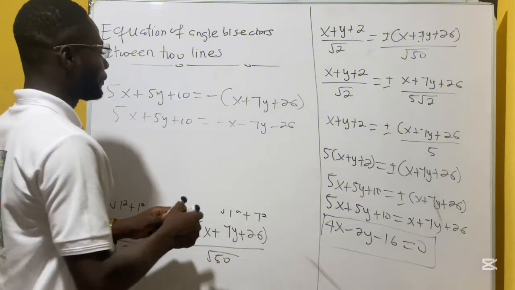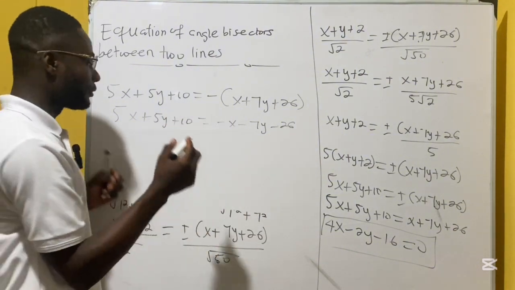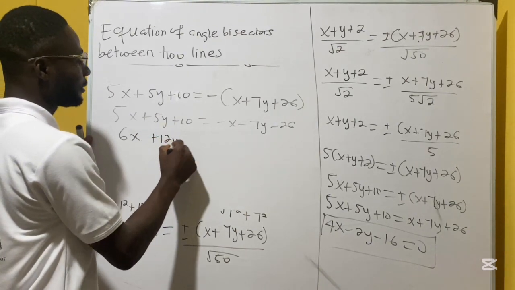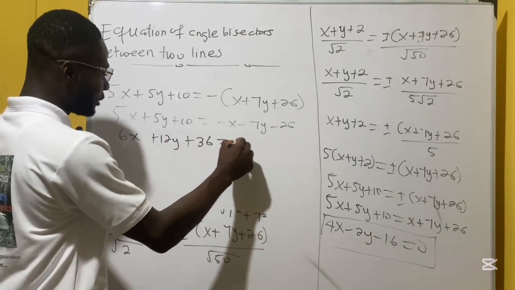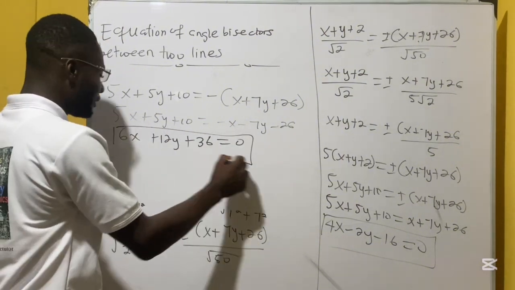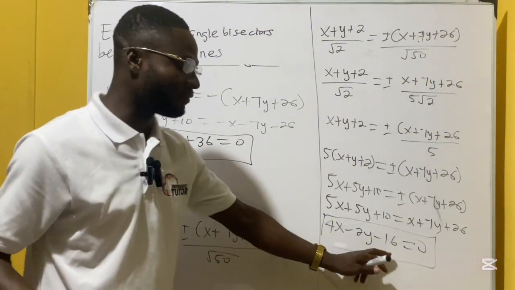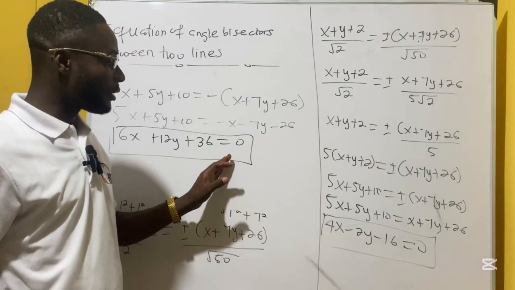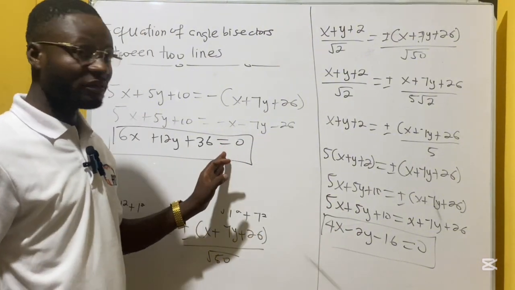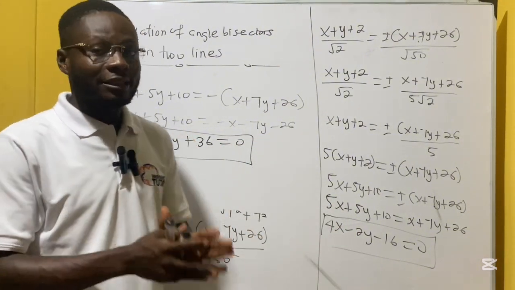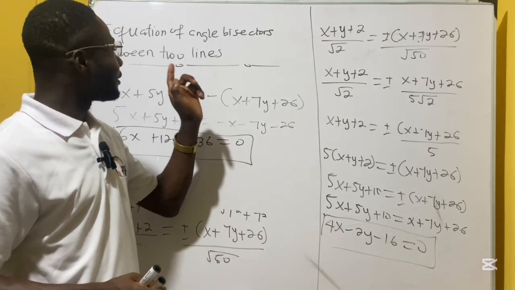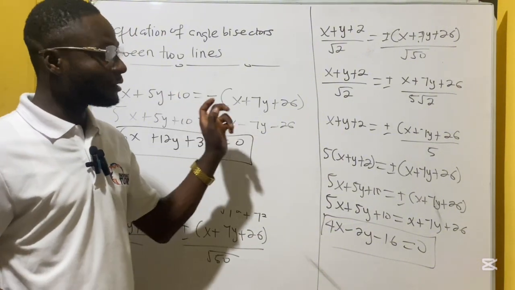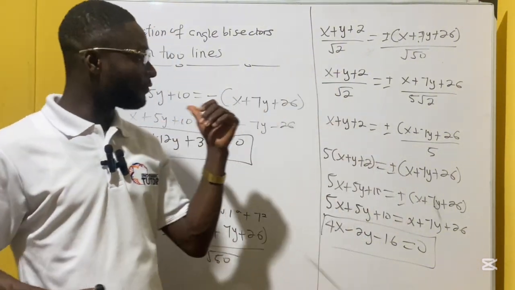We bring everything to one side and equate it to 0, so we have 6x plus 12y plus 36 equals 0. This is our second equation and that is our first equation. That is basically the equation of the angle bisectors between the two lines from the problem.